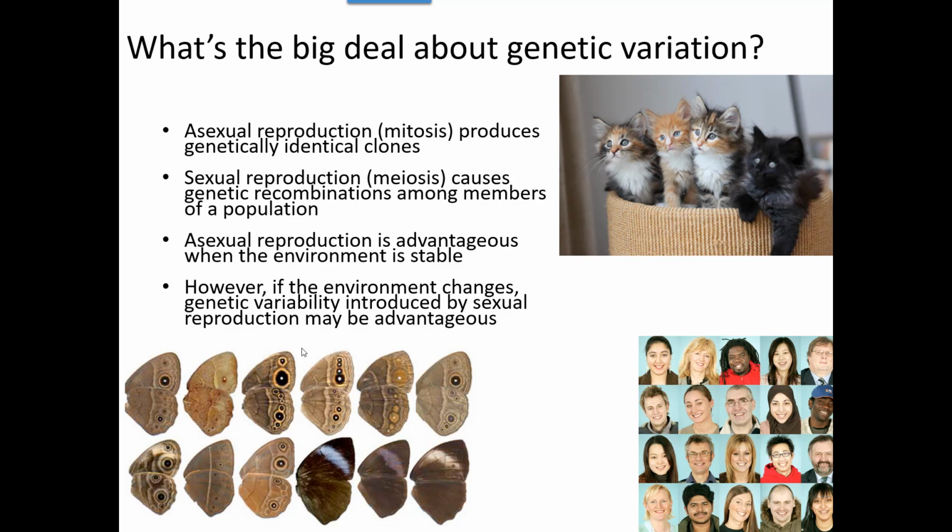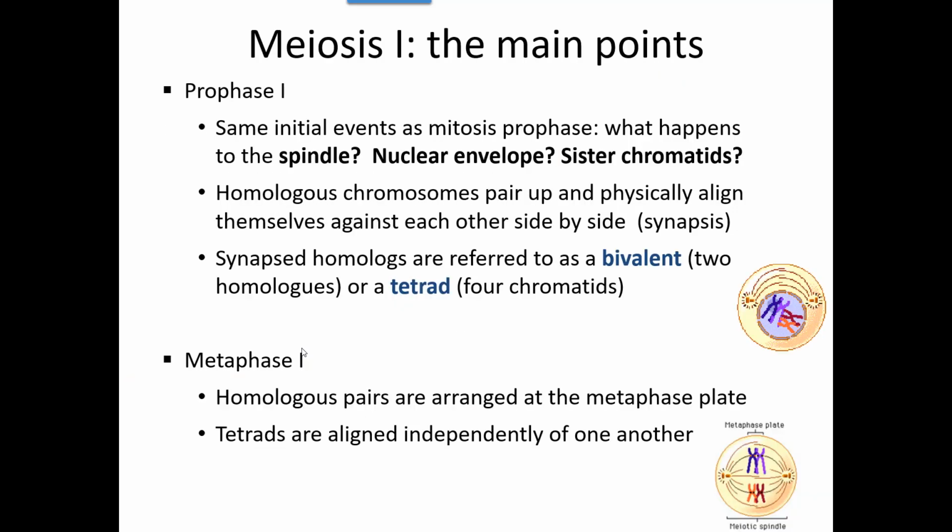Now, just looking a little bit at meiosis, kind of the main points of what's happening at each of these phases. So in meiosis I, again, just to recall, we halve the number of chromosomes. So we still have prophase, metaphase, anaphase, and telophase.